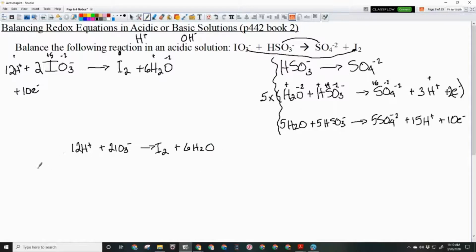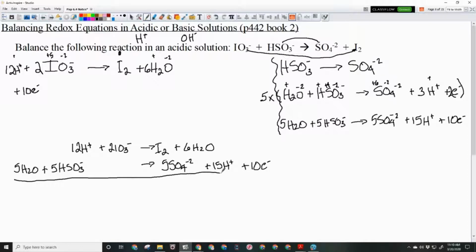Okay, and under that I'm going to write the other half equation, 5 H2O plus 5 HSO3 -1 yields, I'm going to keep the yield signs lined up, 5 SO4 -2 plus 15 hydrogens plus 10 electrons. All right, so we're going to add these two back together.